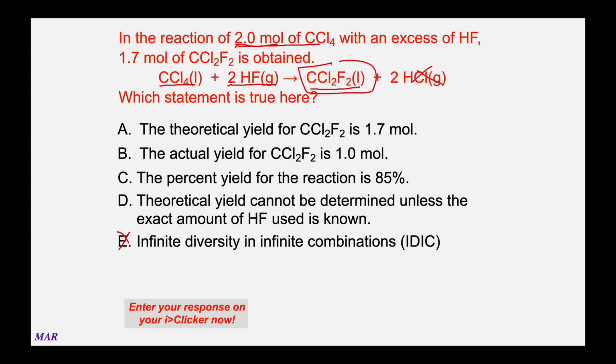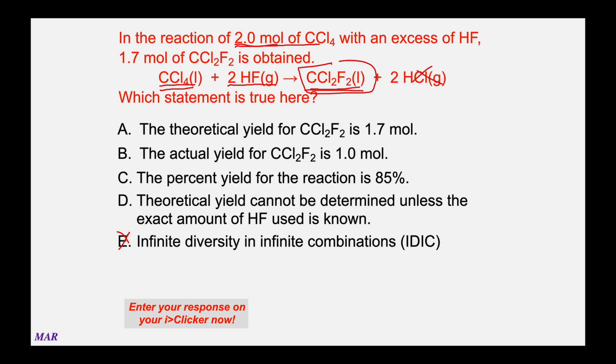Now, 2 moles of CCl4. Every 1 mole CCl4 creates 1 mole CCl2F2. So 2 times 1 over 1, the theoretical yield of CCl2F2 is certainly not 1.7, it's 2.